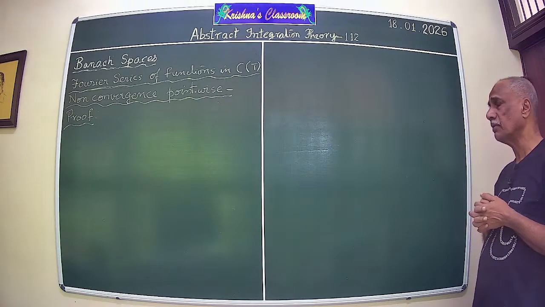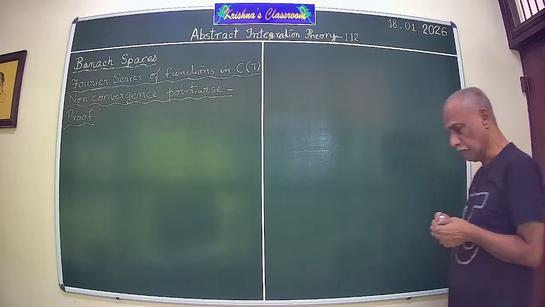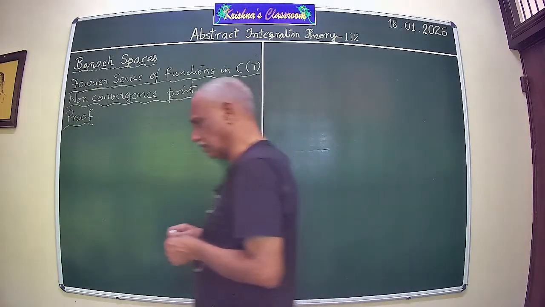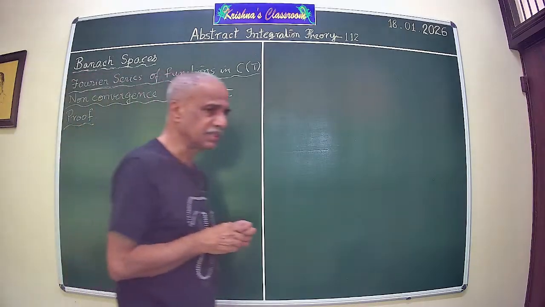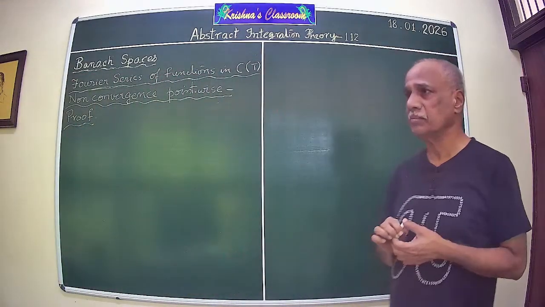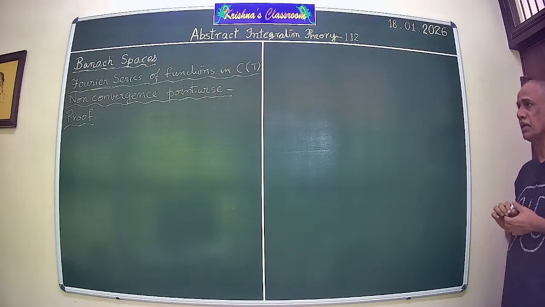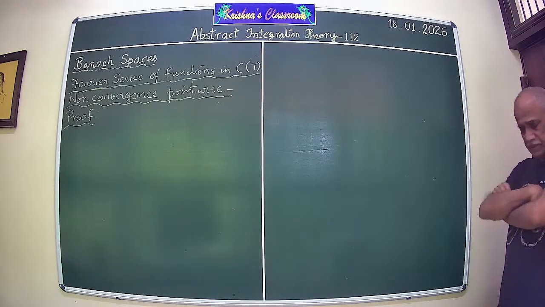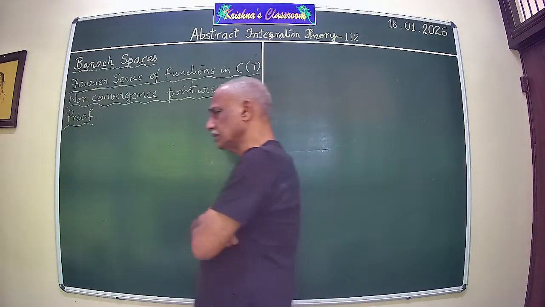Now, this non-convergence pointwise is probably a surprise because we are working on continuous, periodic functions defined on the real line. This is a bit surprising because L2 convergence need not imply pointwise convergence.